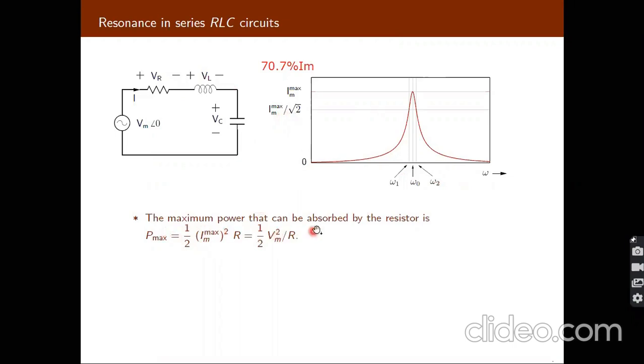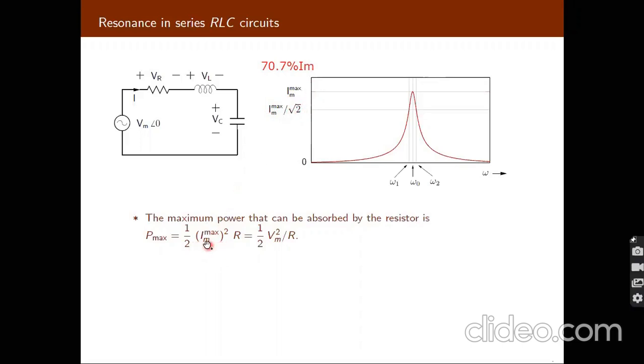The maximum power that can be absorbed by the resistor is I square R. In general, the power in the resistor is I square R. Here I is Im by root 2. So I square R is (Im by root 2) whole square into R. Right? So Im square divided by 2, the square root gets cancelled by the square.